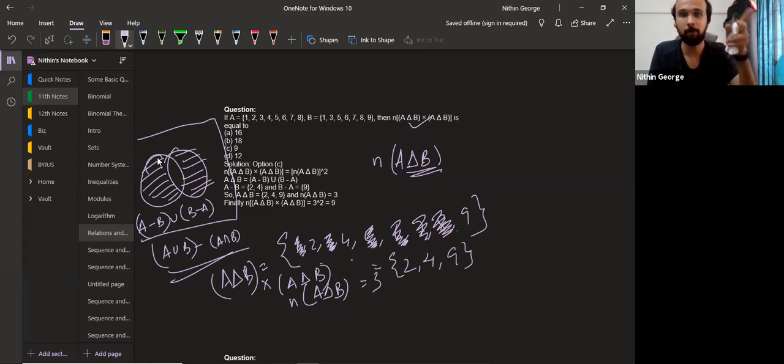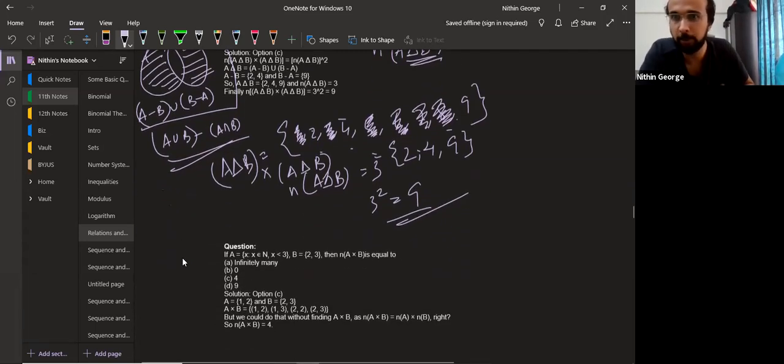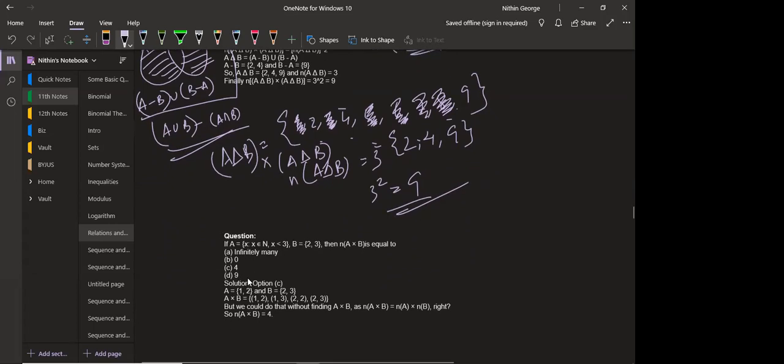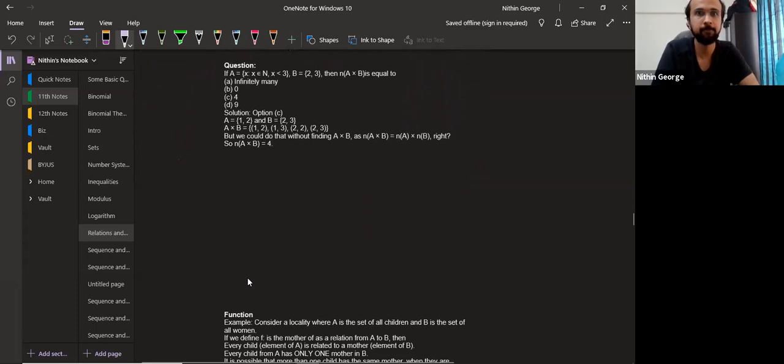What will happen here? This will go to 3, this will go to 3, this will go to 3. We're looking at 3 square here, which is 9. Okay, that's it. Pretty sure this is clear, but if you have any doubts, please ask. Yeah. Go to the next question.